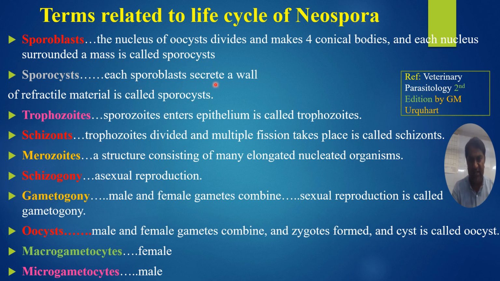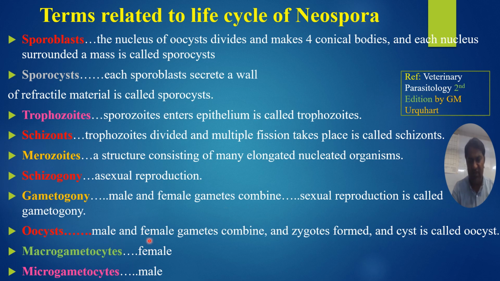Sporozoites entering the epithelium are called sporozoites. Schizonts: trophozoites divide and multiple fission takes place, called schizonts, and merozoites are structures consisting of many elongated nucleated organisms. Schizogony is asexual reproduction, and gametogony is where male and female gametes combine.